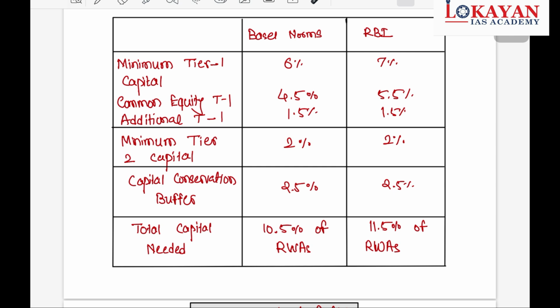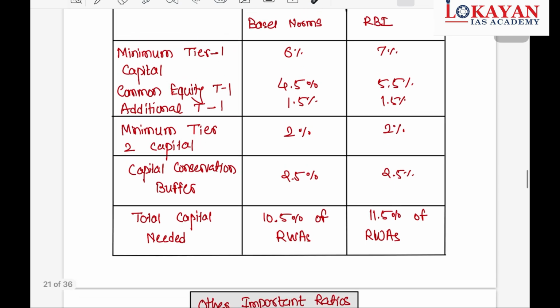Just as we saw, tier 1 capital and tier 2 capital, but in tier 1 capital there is also common equity tier 1 capital and additional tier 1 capital. Let's first discuss what is meant by tier 1 capital and tier 2 capital.